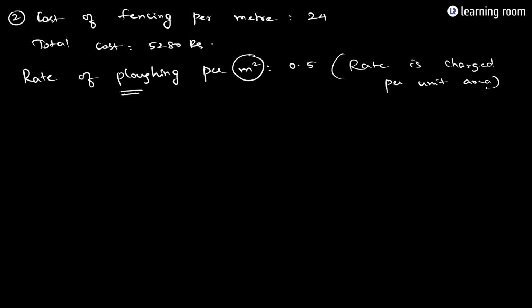But why did they give the cost of fencing per meter? So fencing is generally done at which place? Is it done for the area or for the circumference? The circumference.